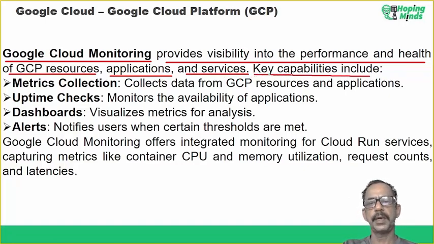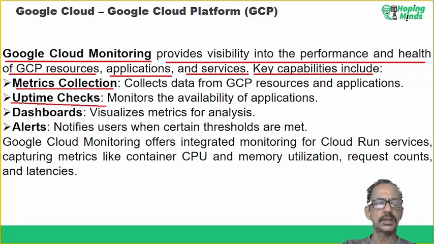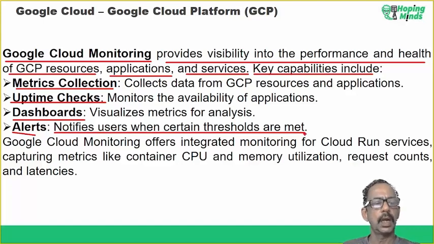So the key responsibilities include the same: metrics collection from the resources and any application, uptime check of that particular monitor or application's uptime, dashboards, you can create your customized dashboard and can also alert, notifying the user when certain thresholds are met.